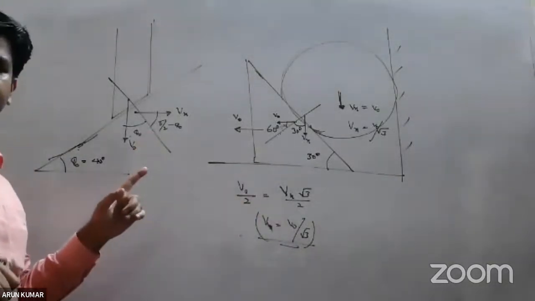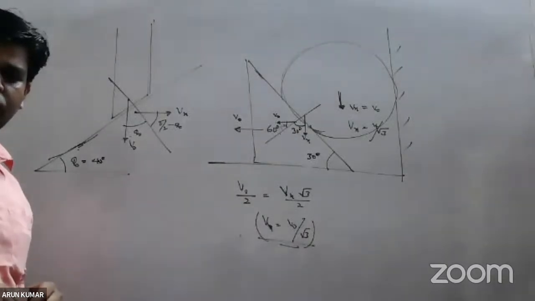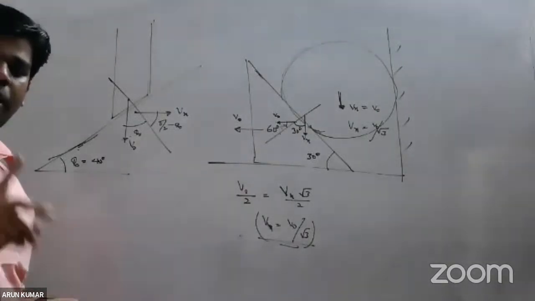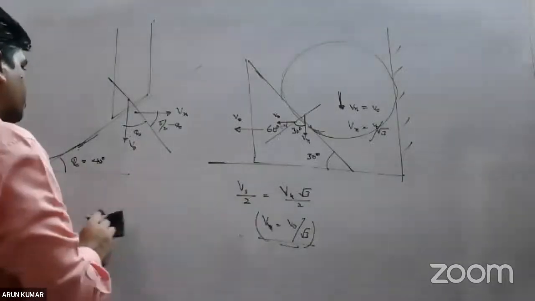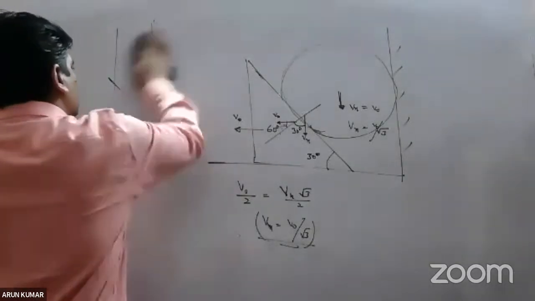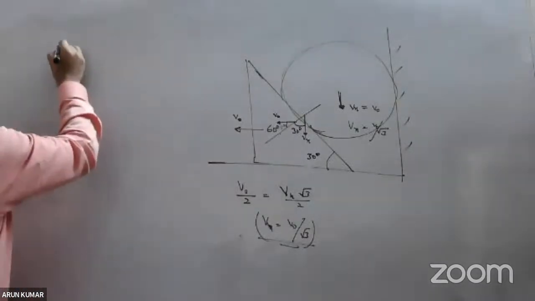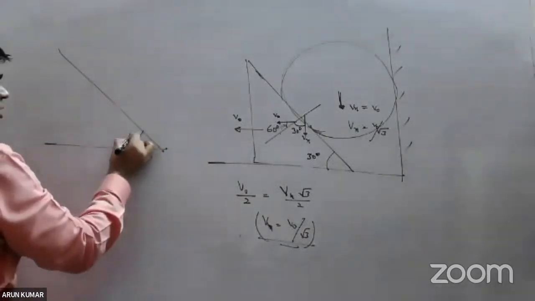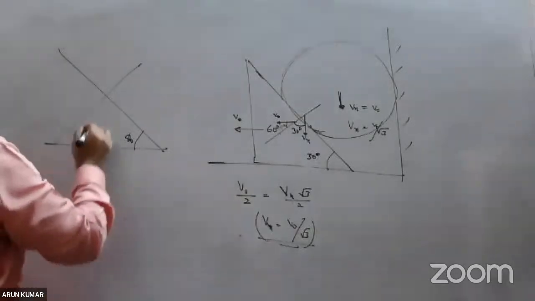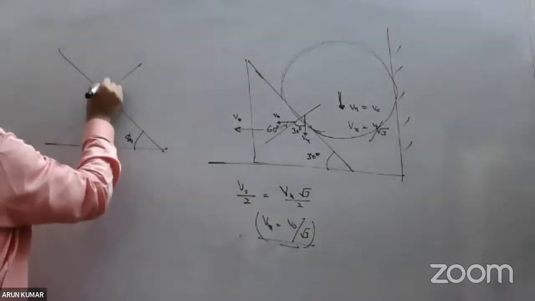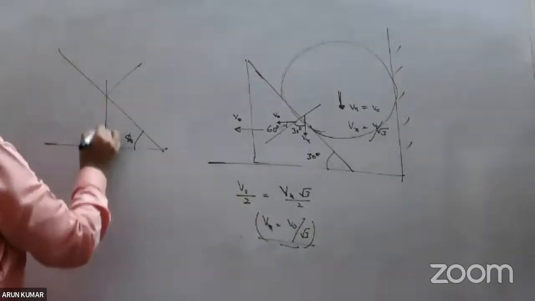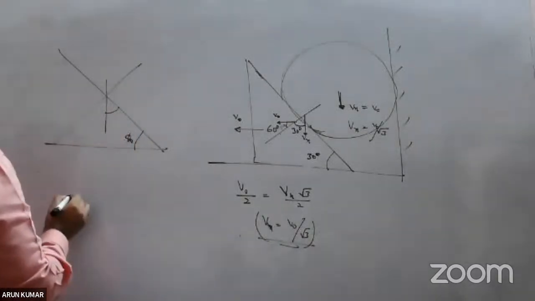Is it clear, students? Sir, how did the angles come? That's a good question. Look, if this is theta, this is the normal. If this is normal, this is theta, this is vertical. If this is theta, this is 90 minus theta.